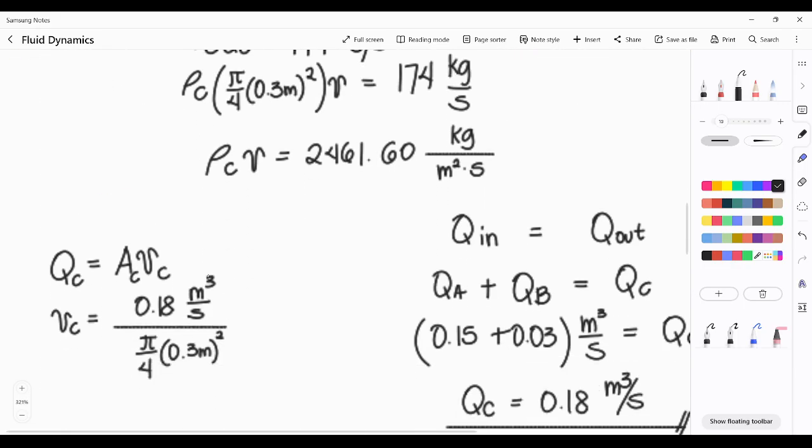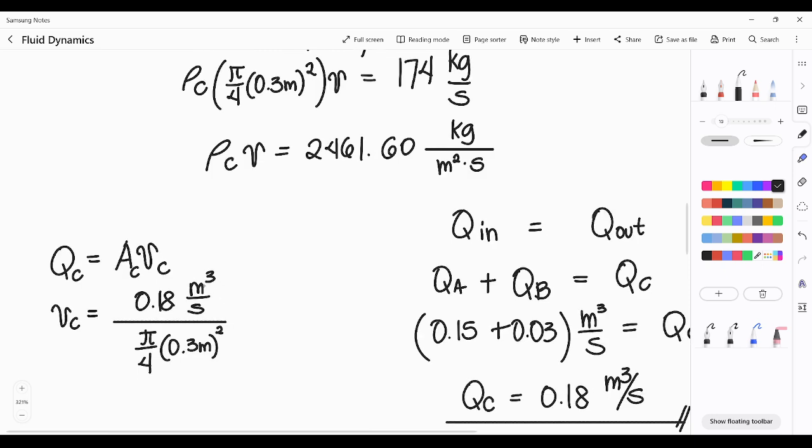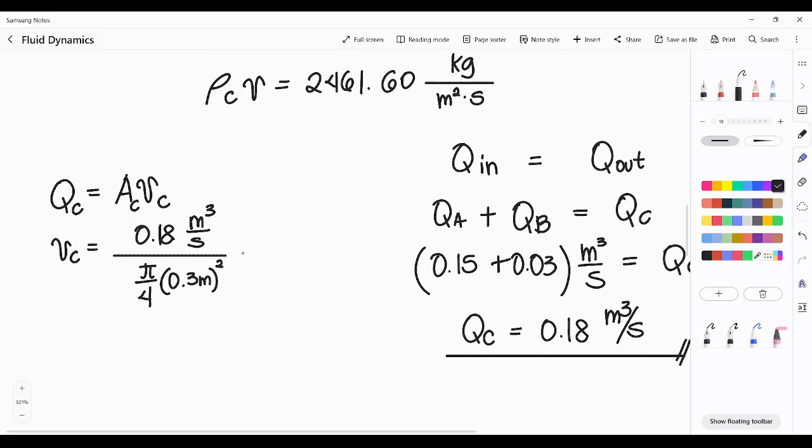So, cancel yung cubic meters, may matitirang isang meter. So, our resulting unit will be meter per second. From here, our velocity is approximately 2.55. 2.55 yung velocity natin sa C. So, that is our answer for the velocity.